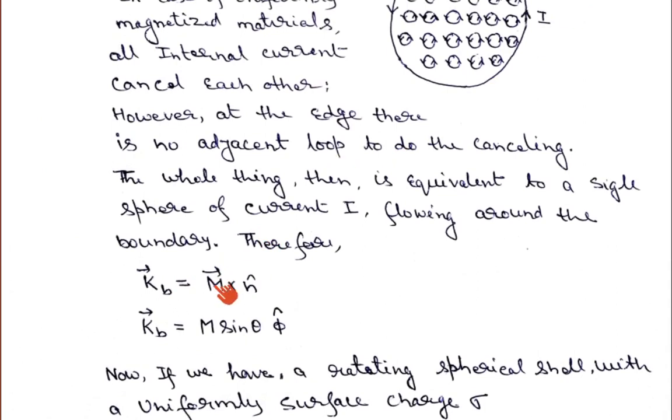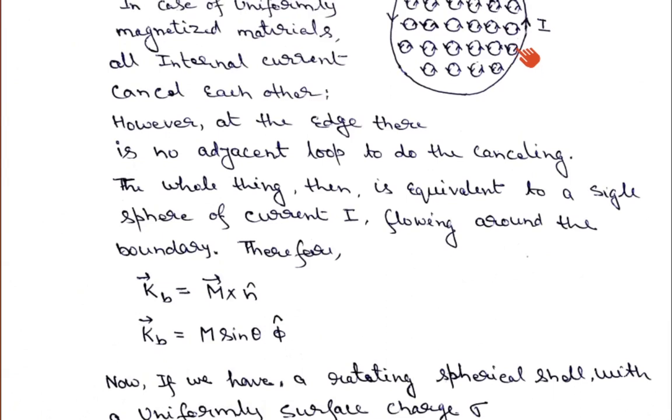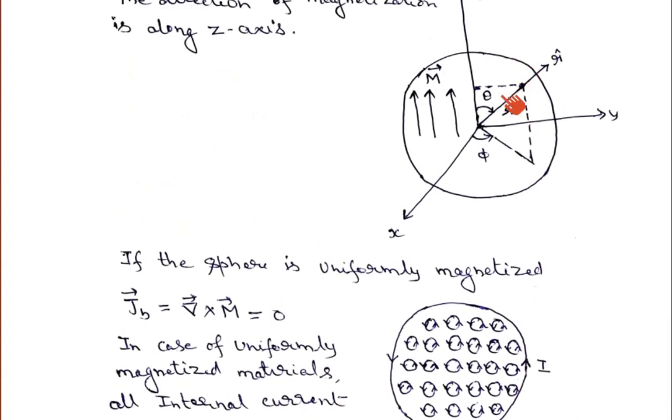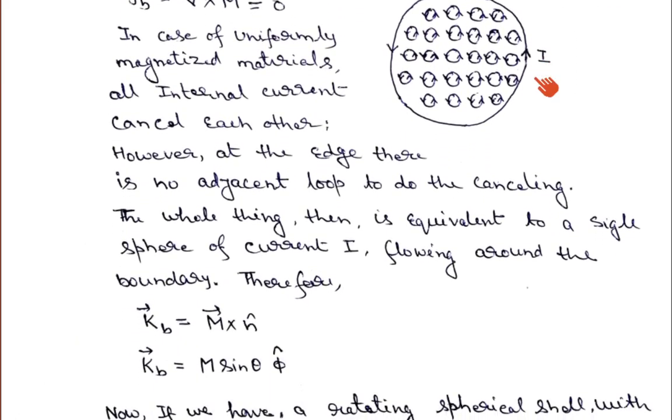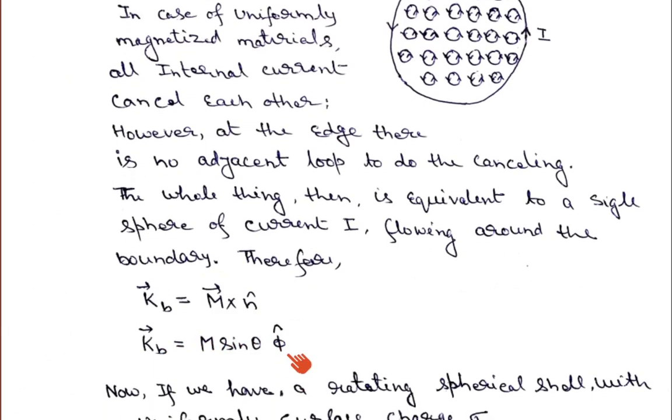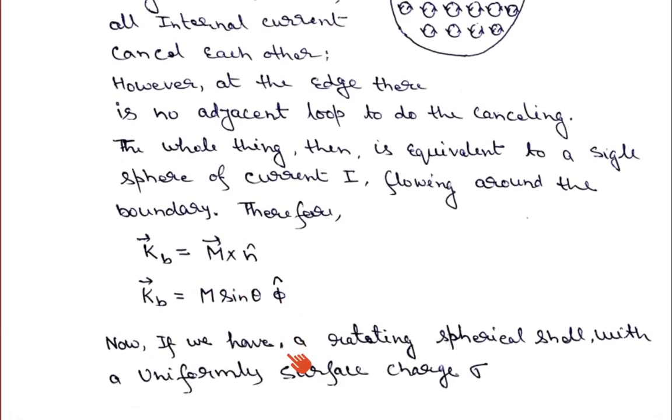We know this magnetization M is along the z axis, and the normal is in the direction given by the angle theta. The remaining quantity is phi, so the surface current will be pointing along the phi unit vector. So we can write Kb equal to M sin theta phi unit vector. This is the surface current density.